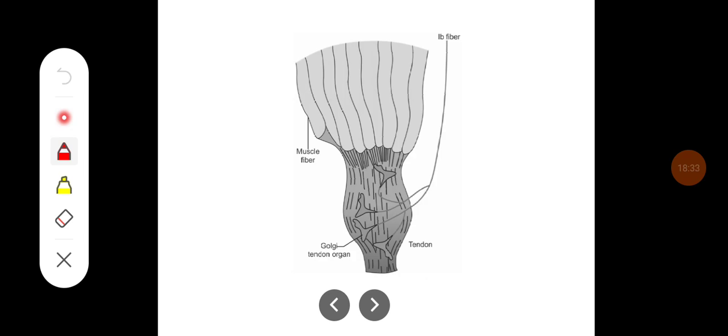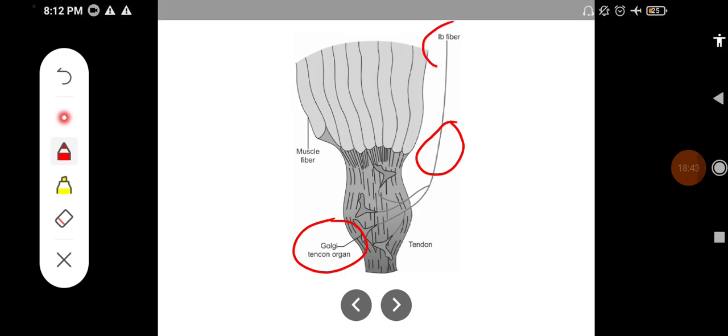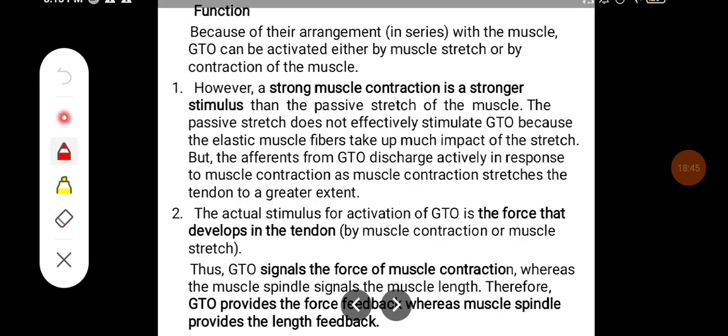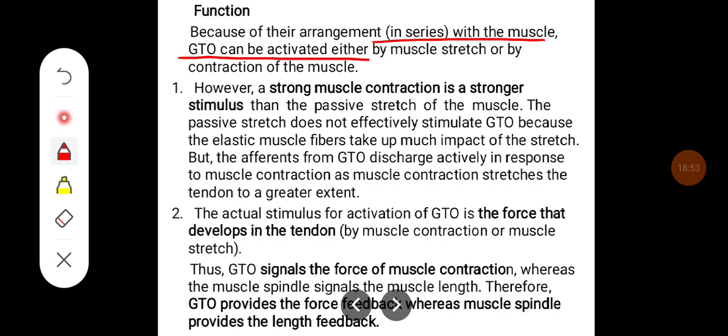So these are the sites where these Golgi tendon organs are present, in the tendon, and they're supplied by afferent 1B fibers. The function of Golgi tendon organ: because of their arrangement in series with the muscle, Golgi tendon organ can be activated either by muscle stretch or by contraction of the muscle.